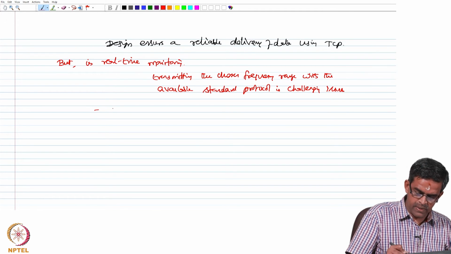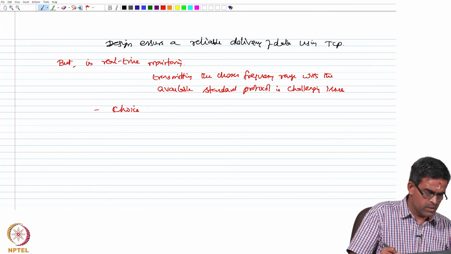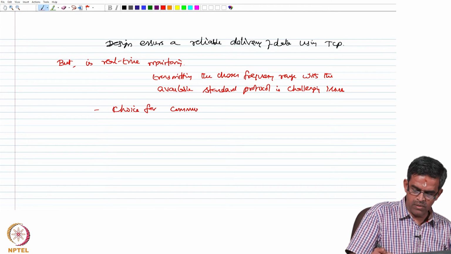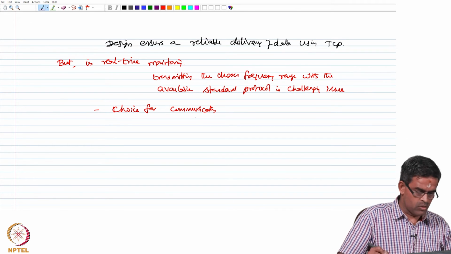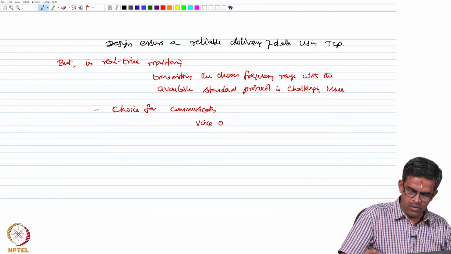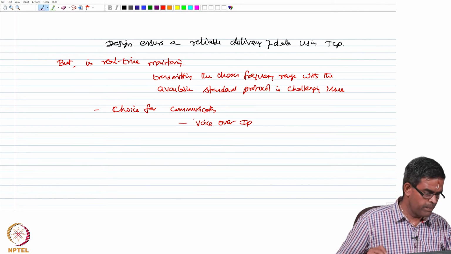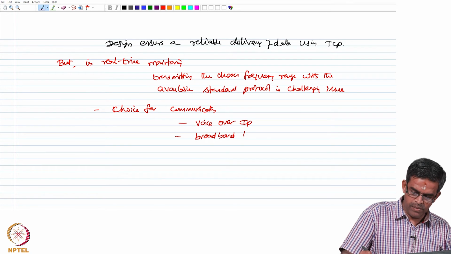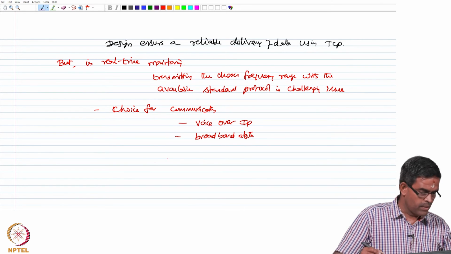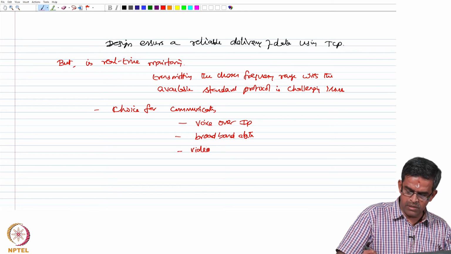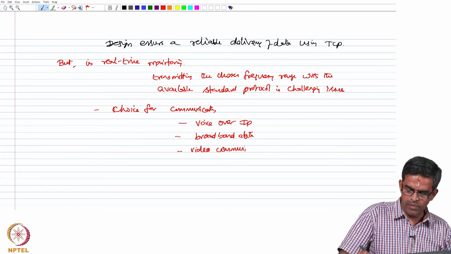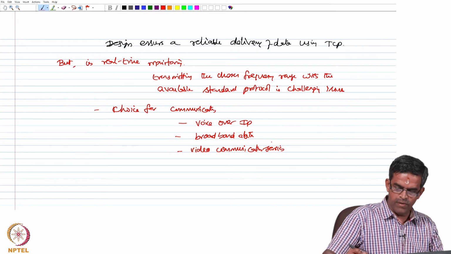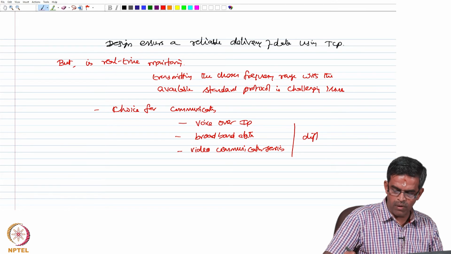So, in that case the common choice for communication should be voice over IP, broadband data and video communication services, with different topologies of sensors.